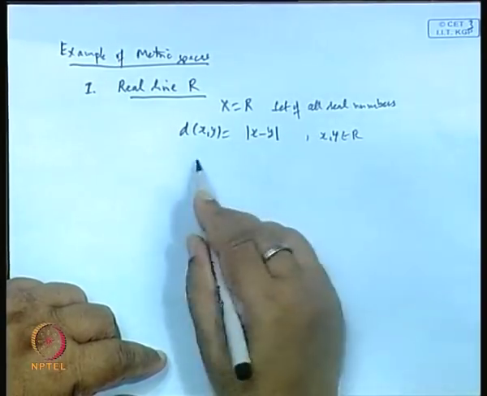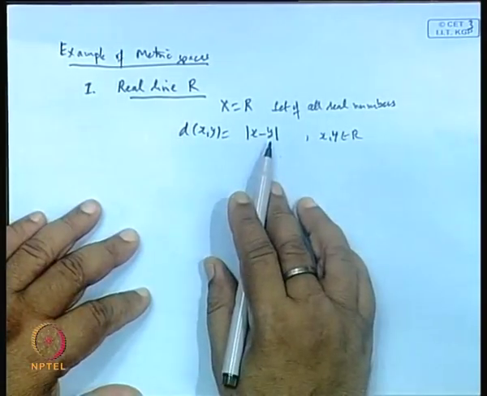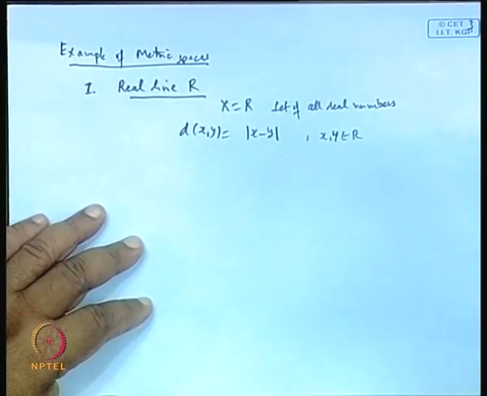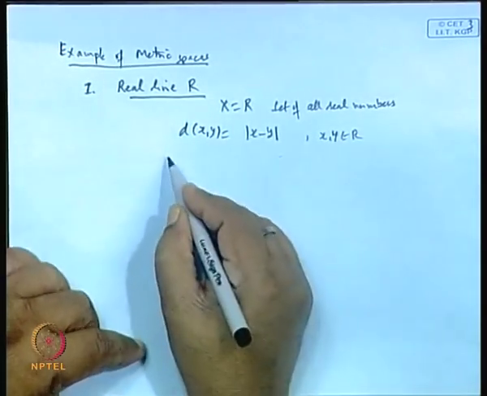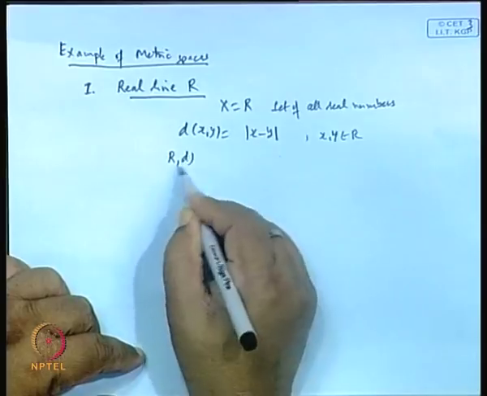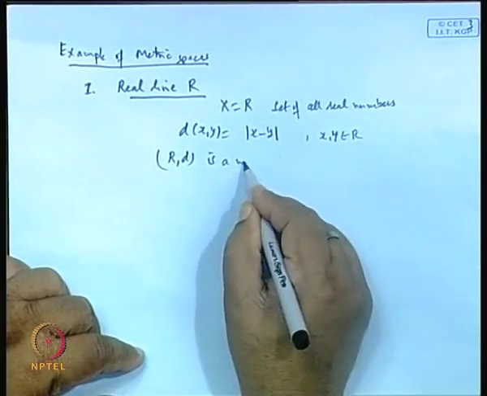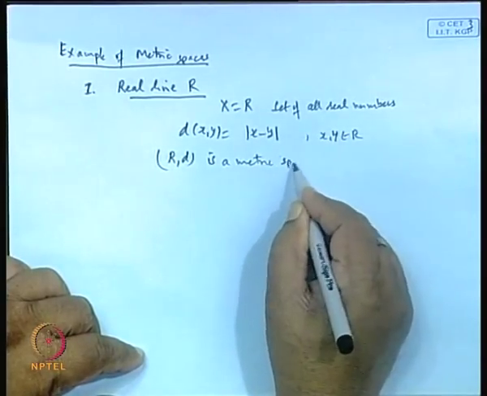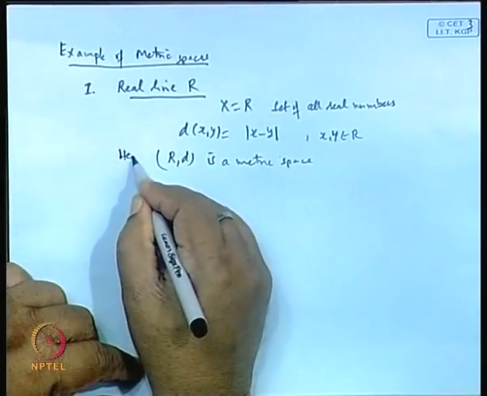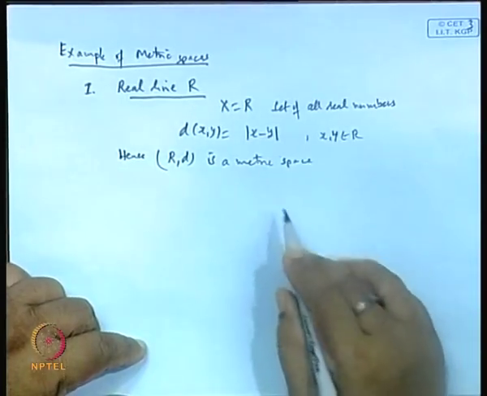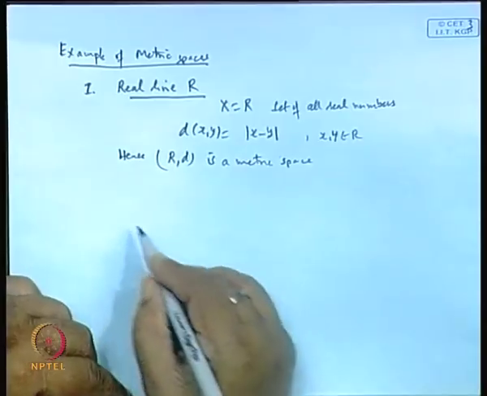Then, as we have seen earlier also, this satisfies all the 4 conditions of the metric space, hence R under this d metric is a metric space. It is easy to prove, because we already discussed this.